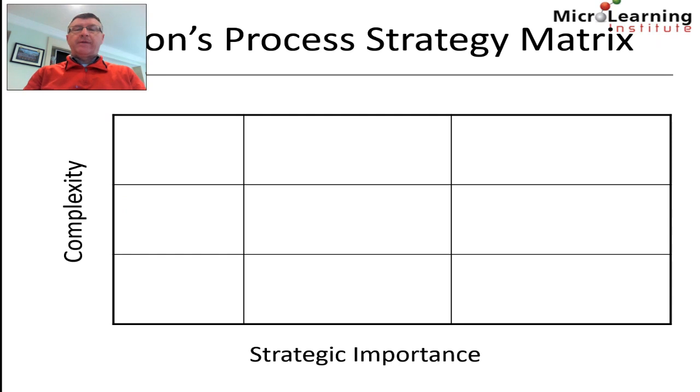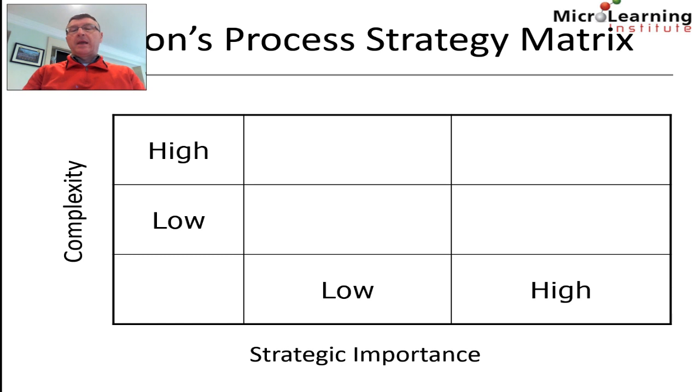First, the strategic importance of the processes within our organization, and secondly, on the y-axis, the complexity of those processes. Now, Harmon categorizes the strategic importance and the complexity as either being low or high.